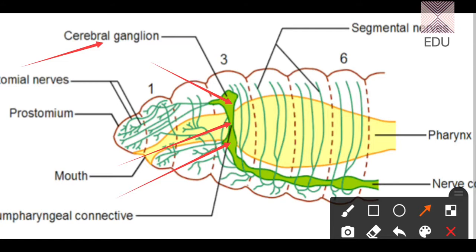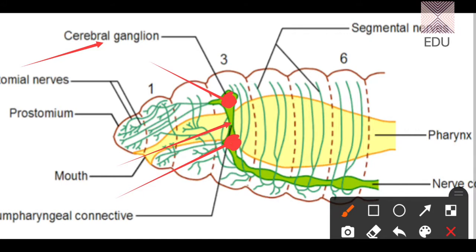Connective is connecting 2 different ganglia, whereas the commissure is connecting 2 similar type of ganglia. Here the first ganglion is the cerebral ganglion, and the second is the subpharyngeal ganglion. That's why we write it as a connective, because these are 2 different types of ganglia.